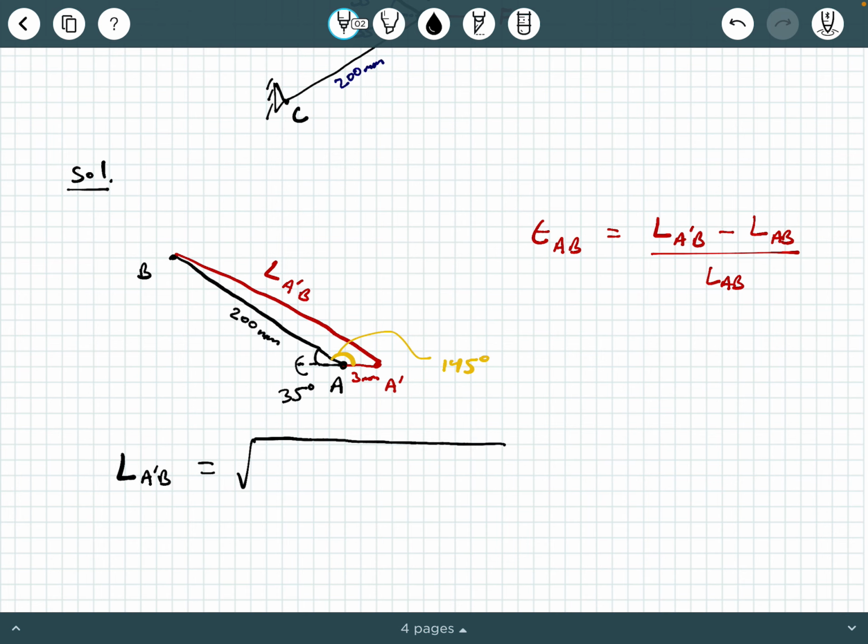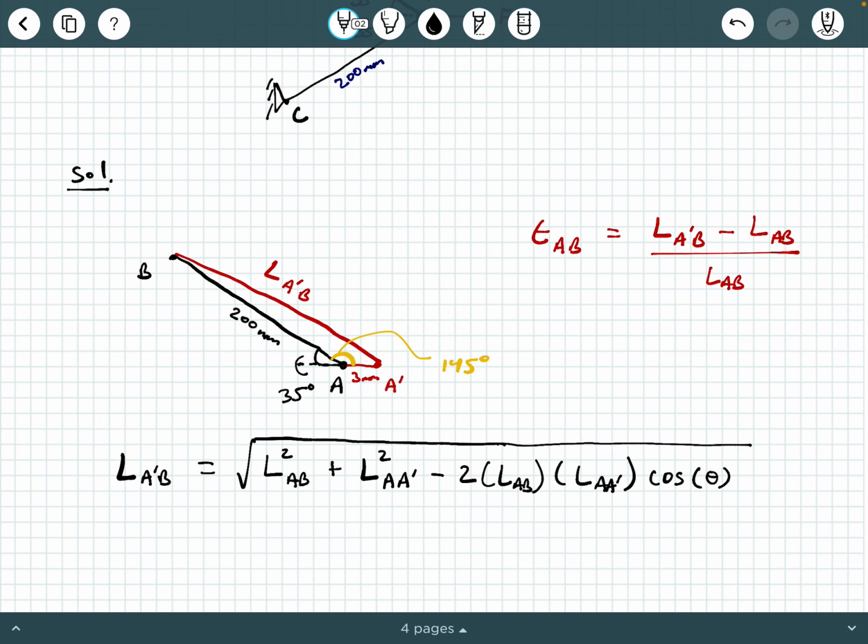That's going to be the length of AB squared plus the length of A prime squared minus 2 times the length of AB times the length of A prime times the cosine of that interior angle. I'm just going to call it theta for now.